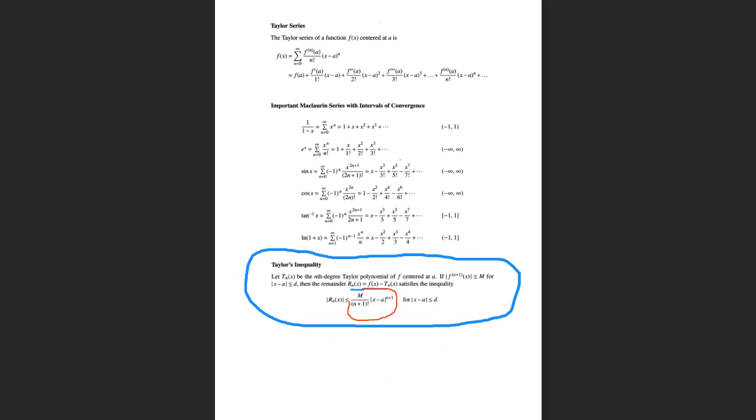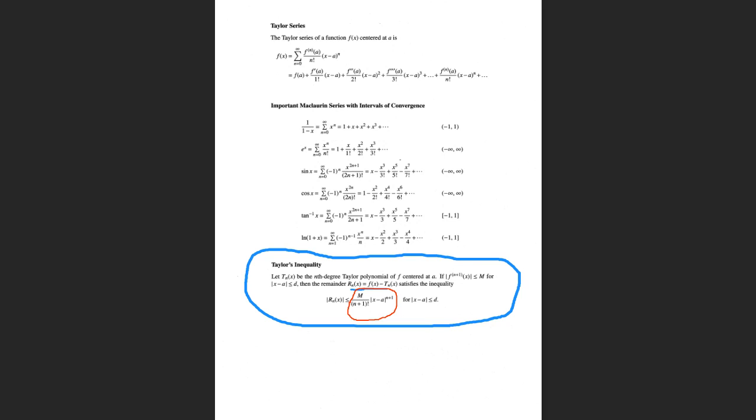Now it's actually in the textbook, oddly enough, introduced in section 8.7, not 8.8. But the error in the approximation will be less than or equal to the error bound on the right side. The error bound is M divided by (n plus 1) factorial times the absolute value of x minus a to the n plus 1 power.